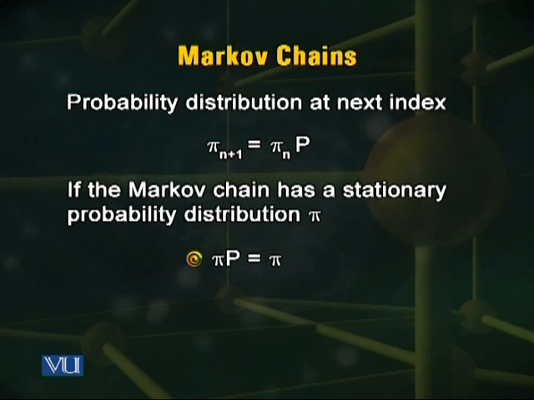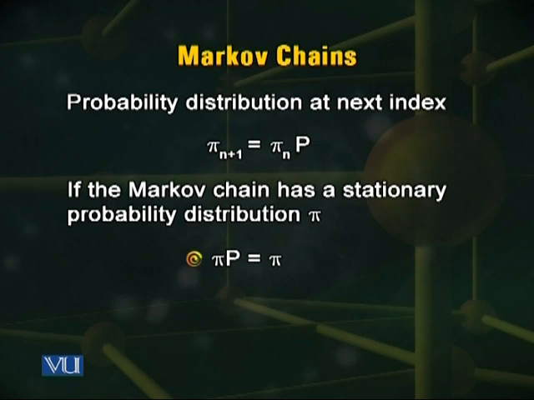That means if you have a stationary probability distribution pi and you take this as a row vector and multiply it with P, the one-step transition probability matrix, you will again get the same row vector pi, which is the stationary probability distribution.